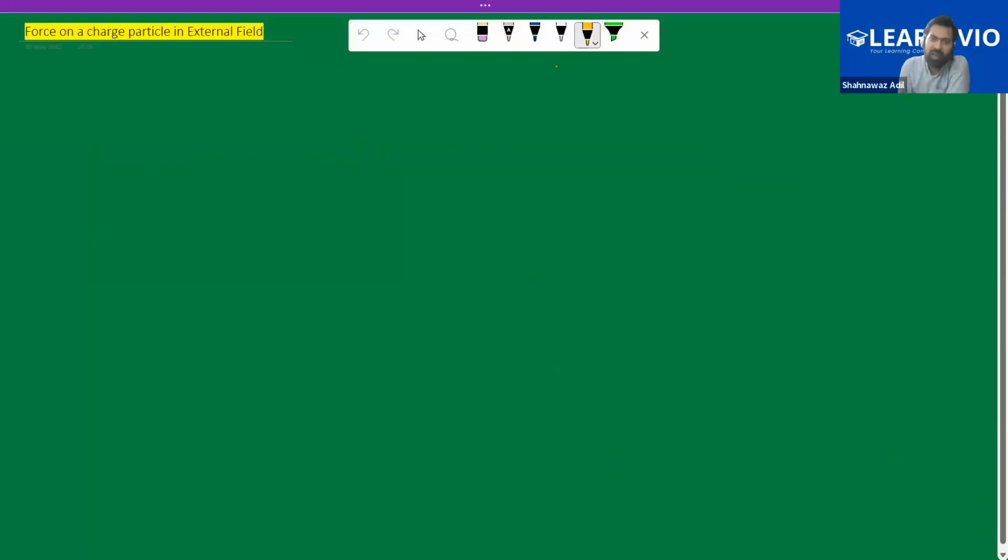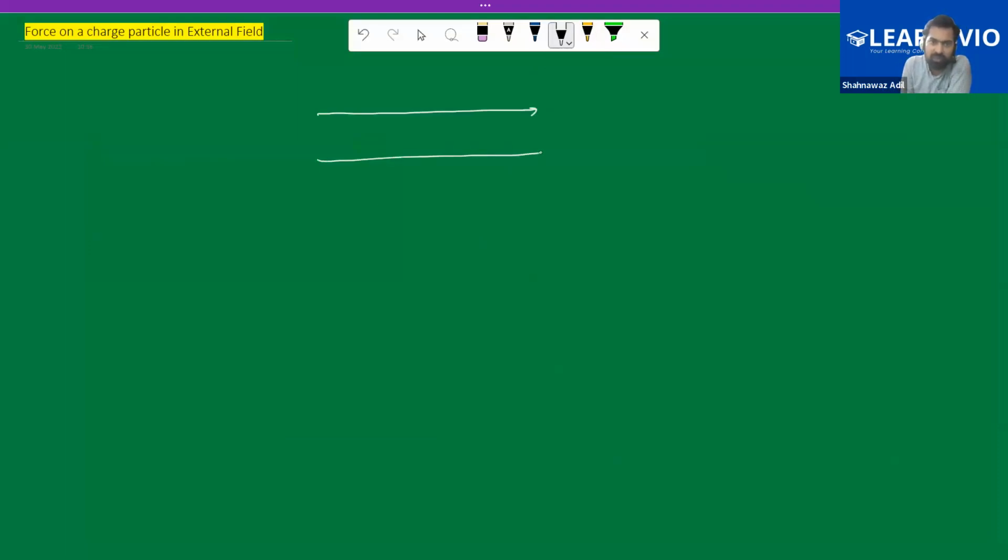So we have a uniform electric field. This thing we have already done, so I will just recap. This is the electric field, and let's say you put some charged particle in it.